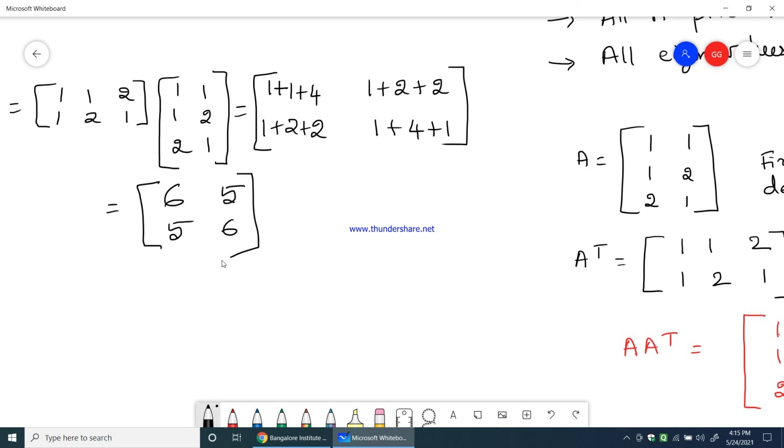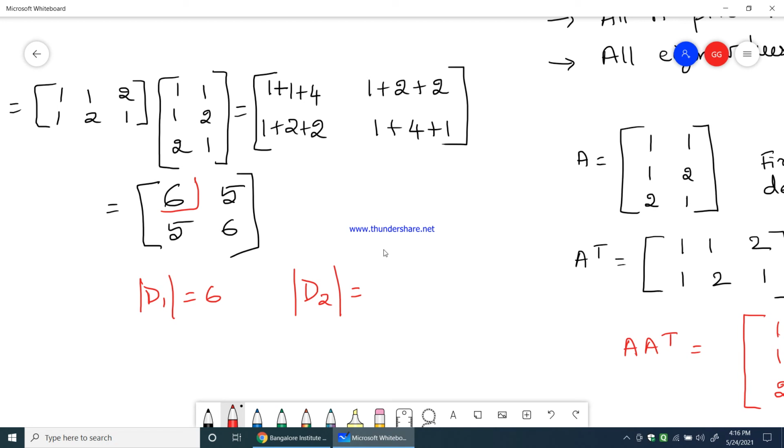Now, let me find out the upper determinants. The first upper determinant is 6 itself. Therefore, D1 equals 6. The second upper determinant is the determinant of the entire matrix, because the number of upper determinants is equal to the dimension of the matrix. So here 2 cross 2 is there. Earlier we got 3 cross 3. Now we got 2 cross 2.